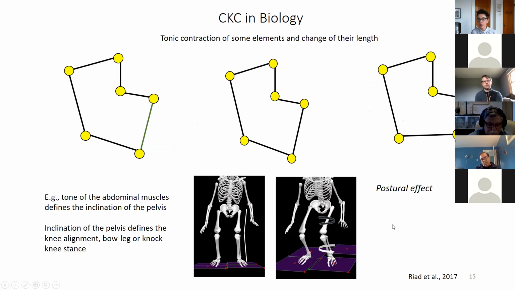For example, by having a different basic tone of abdominal muscles, an individual can control the position of the pelvis, and the position of the pelvis to a large degree defines the alignment of the knee, whether that individual would be aligned as knock-kneed or bow-legged.